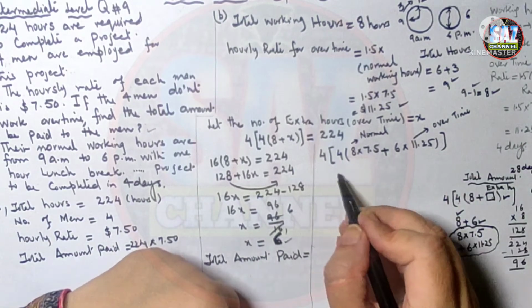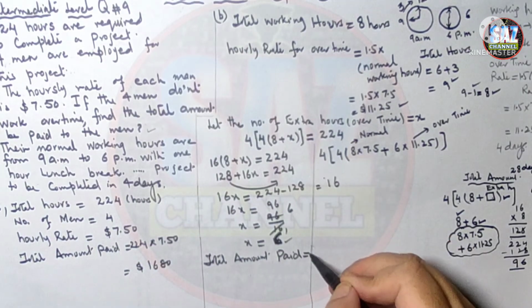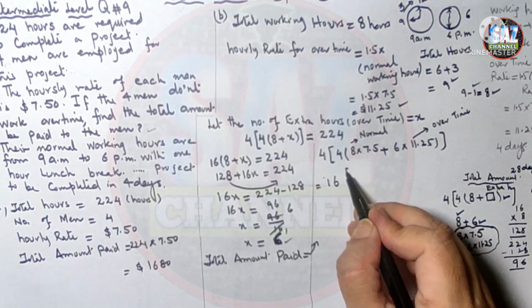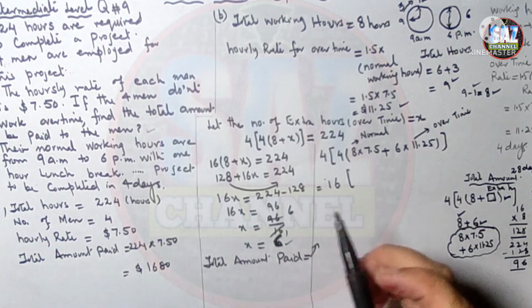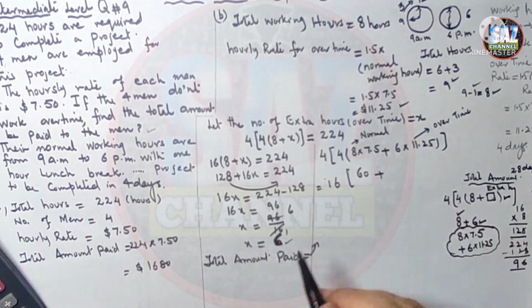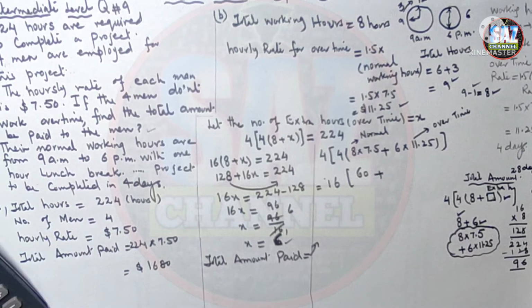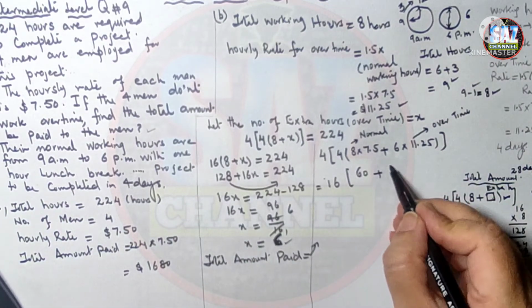Now this will become 16 into 8 multiplied by 7.5, which is 60, plus 11.25 multiplied by 6, which is 67.5.